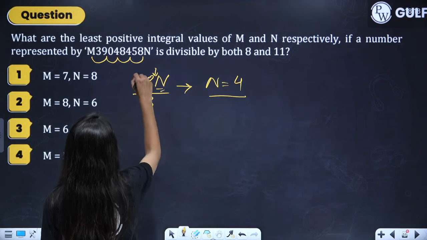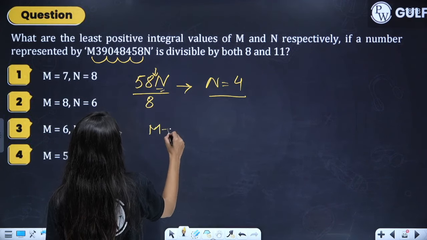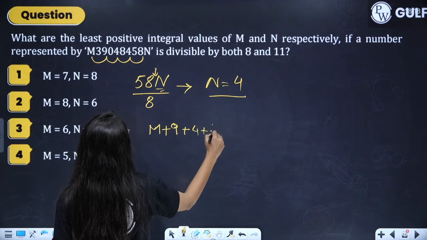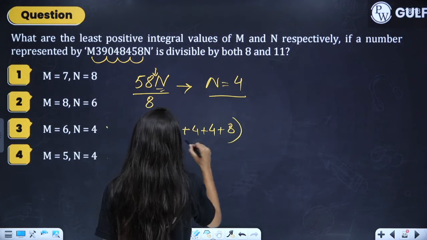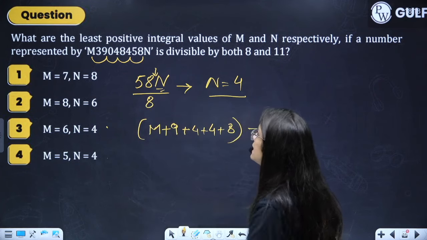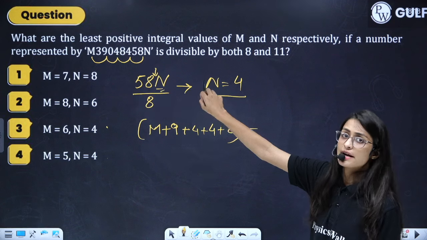First of all, I'll be adding m, 9, 4, 4. After this, from this I'll be subtracting the even digits, the numbers which are at even places.